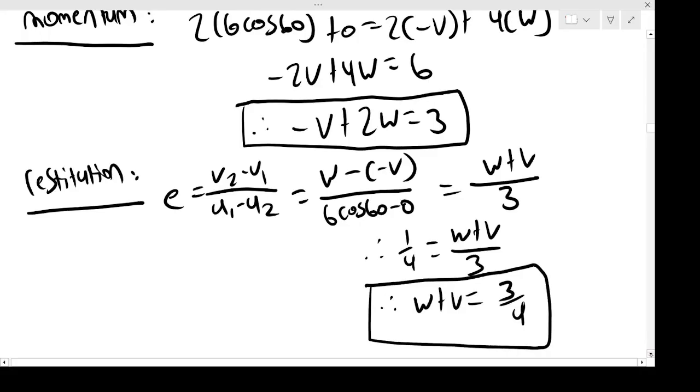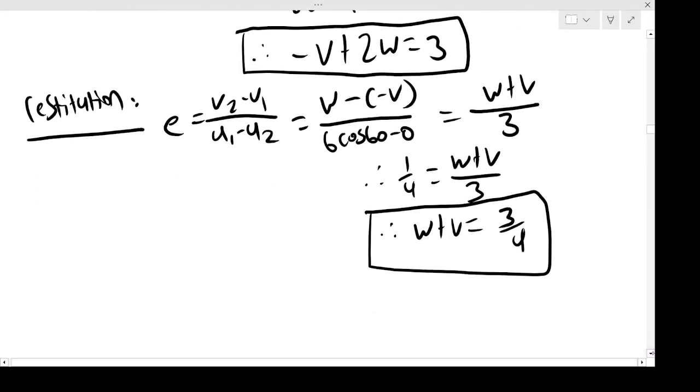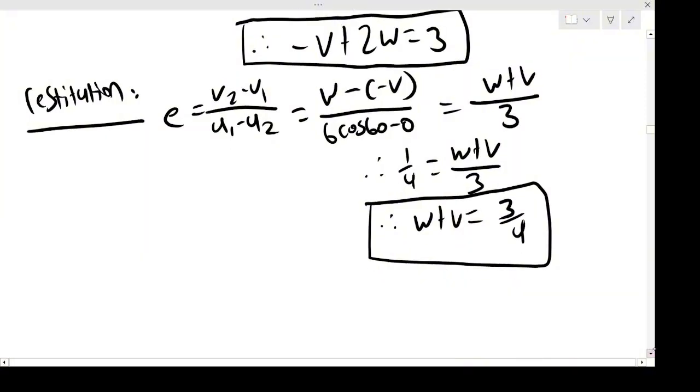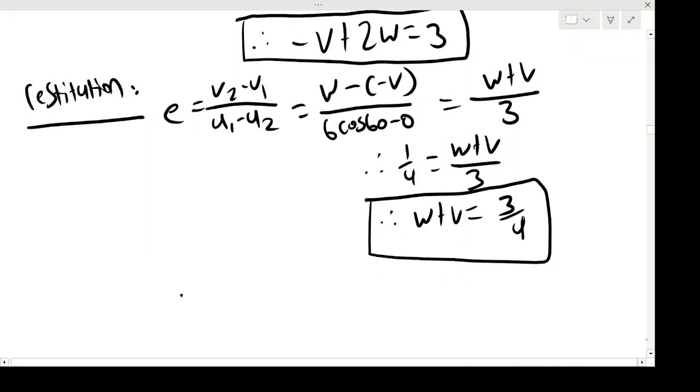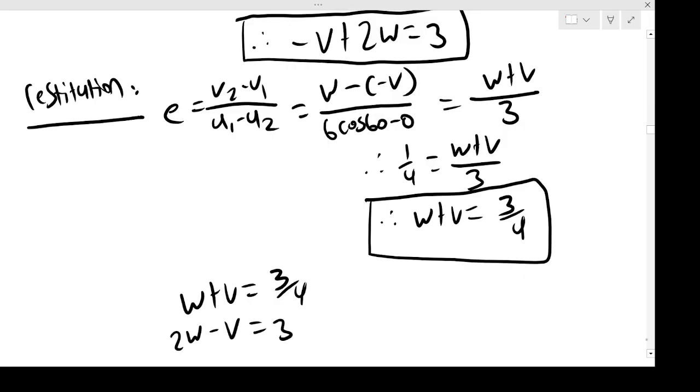Again, it's just standard 1D collisions at this point. So I've got these simultaneous equations. W plus V is 3/4, and also 2W minus V is 3.